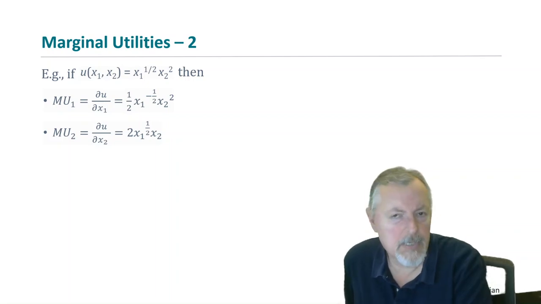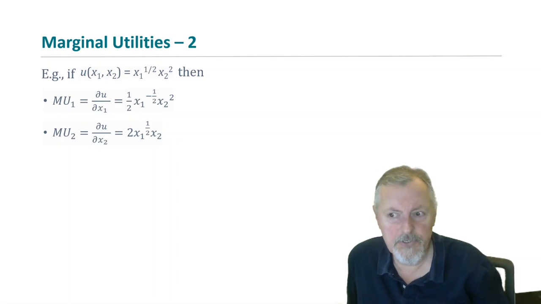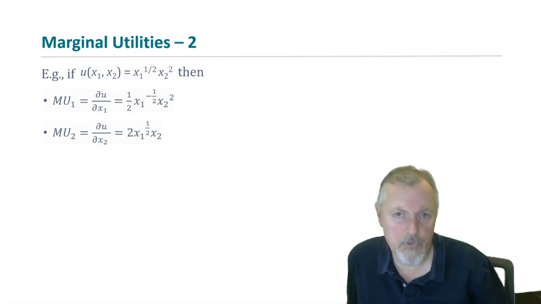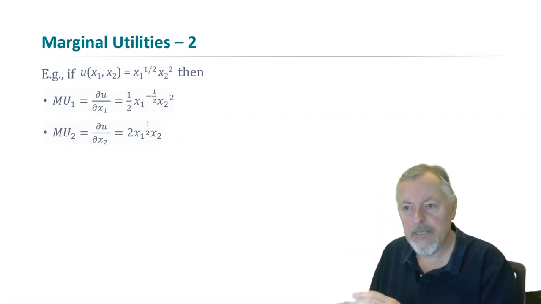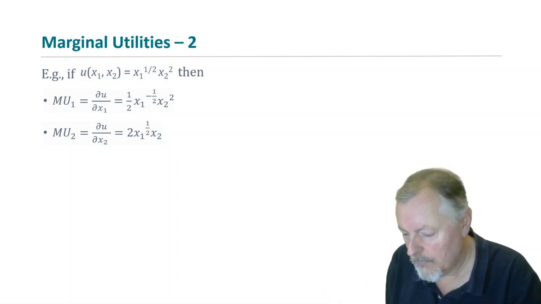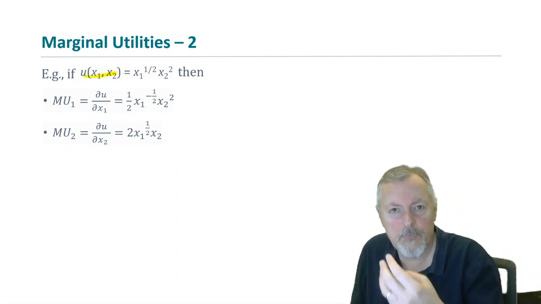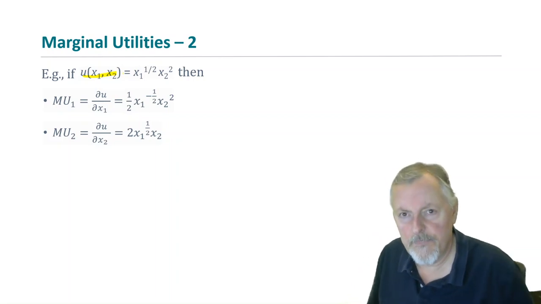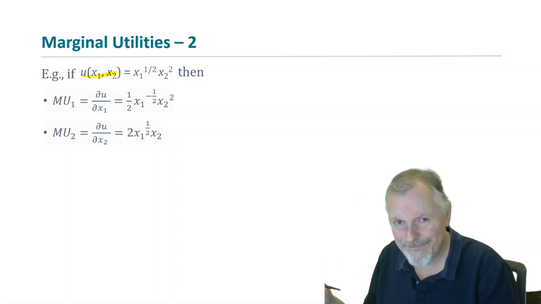Remember from single variable calculus that the derivative, one interpretation, is just the slope. Well, in a multivariable function, the derivative is still just the slope. But if you're dealing, remember, with two commodities, this is a 3-dimensional function. So you don't just have y equals x.